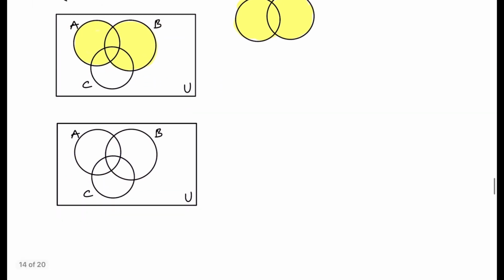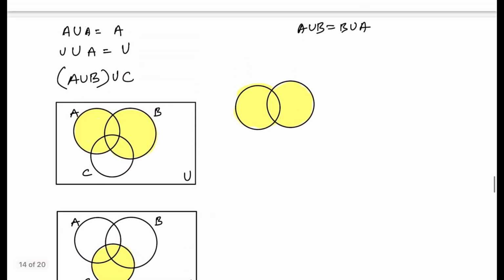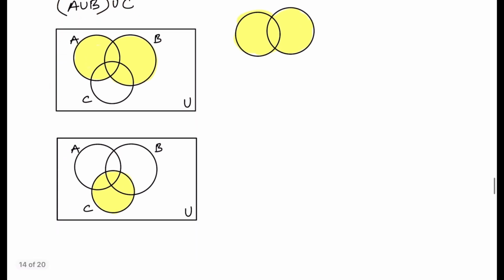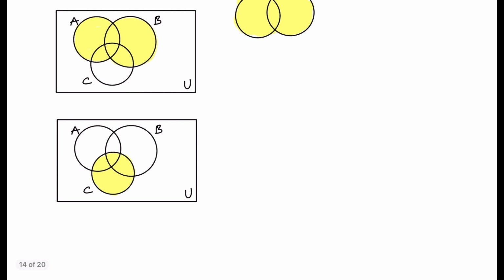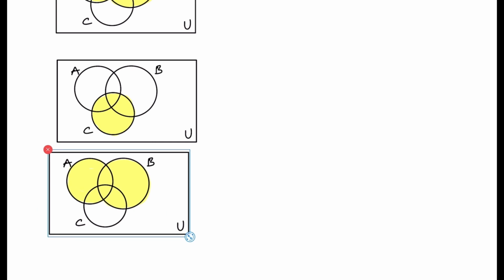So now we will shade the region for only C. So this is the region for C. Okay, now this is the region for A union B. This is the region for C, and between A union B and C, what is there? Union. Okay, meaning we have to combine both. If we combine both, the resultant shaded region will be the complete region, because we have to combine both. Alright, okay.